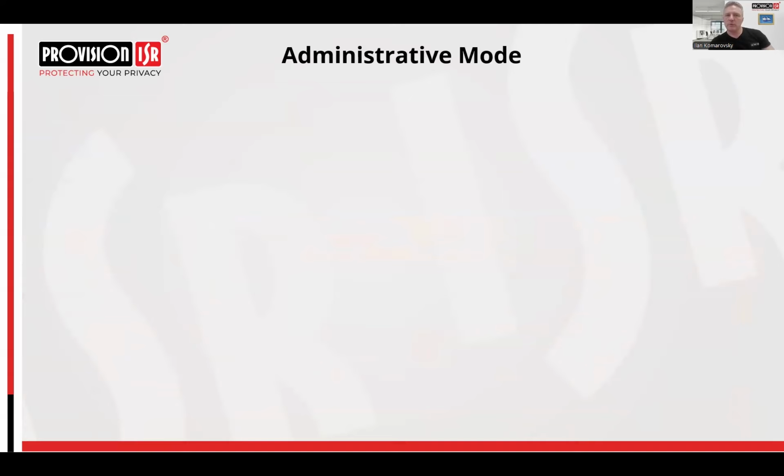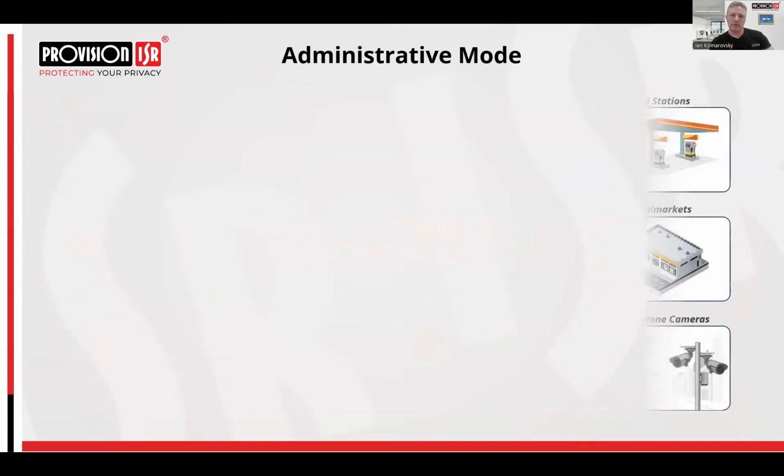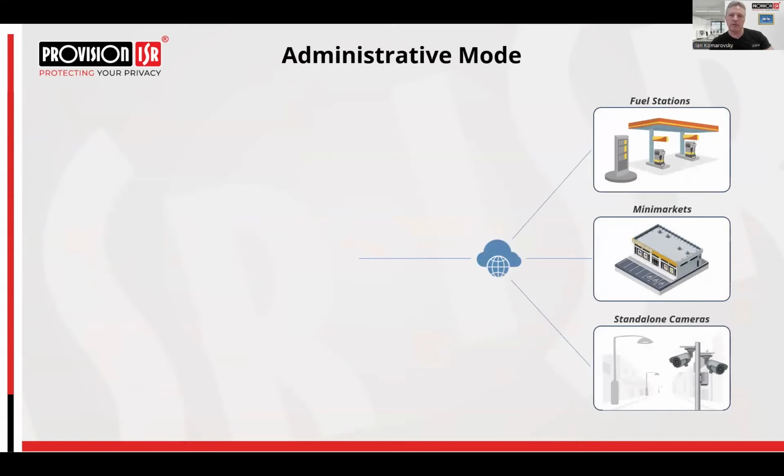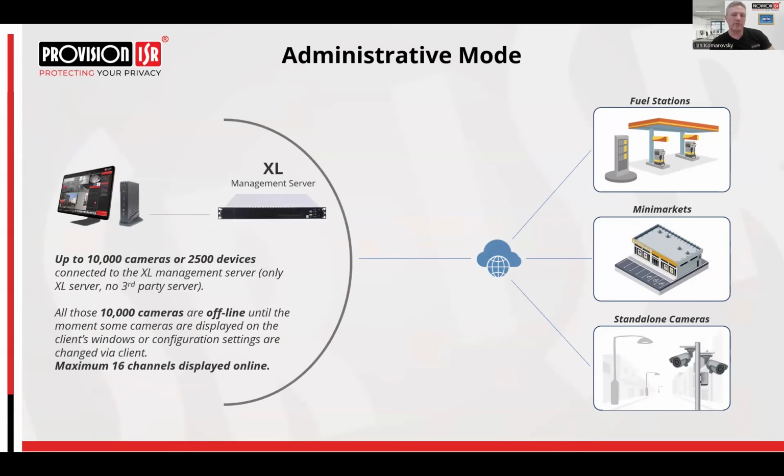Okay, another topic that you need to remember, and in some cases this could be a winner for you. This is when we are talking about many different sites, and the customer doesn't need to see all of them at the same time. He will monitor the cameras only when it's needed, and he is going to be connected to up to 10,000 different channels, 2,500 devices, but he will only be able to see 6 channels at the same time.